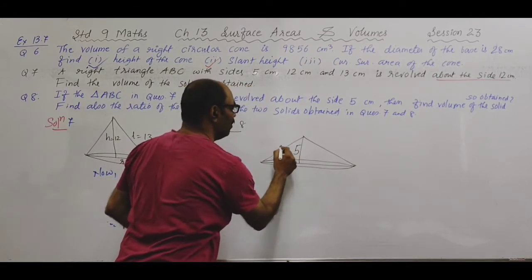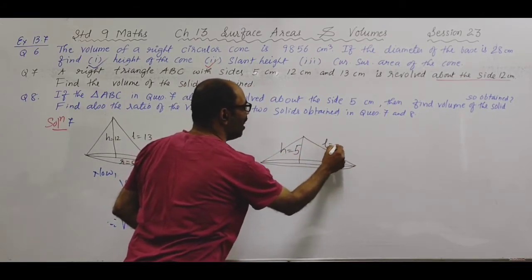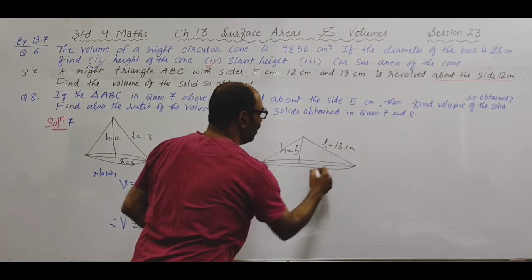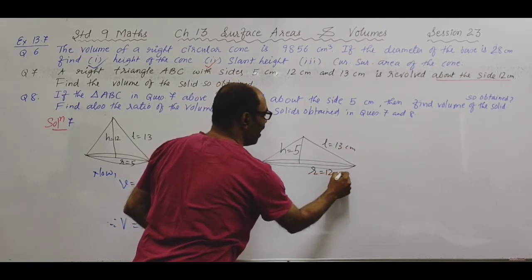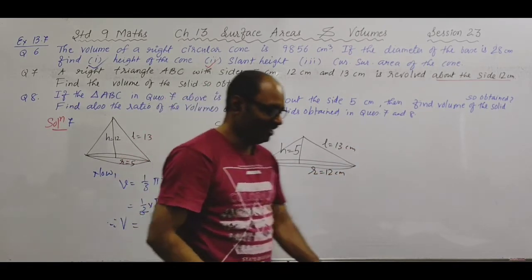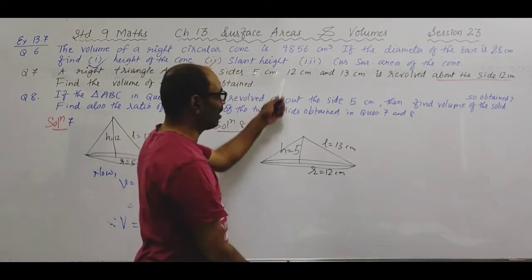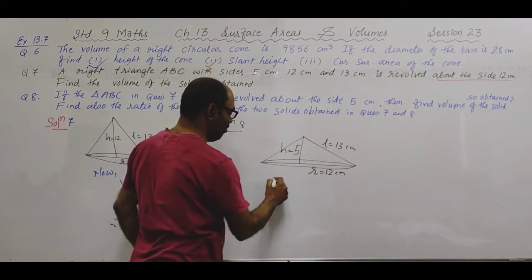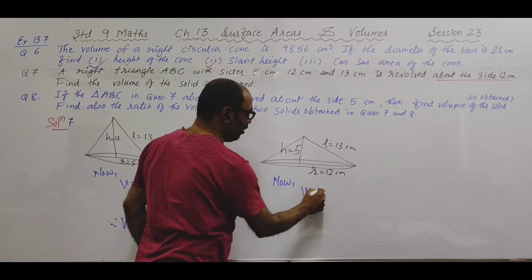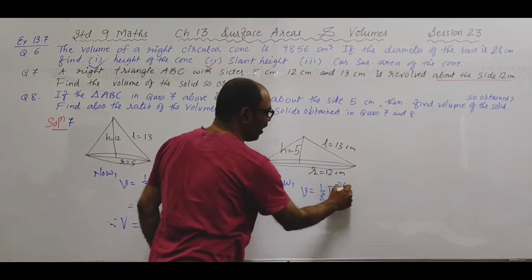This is 5, which is height. This is l, and that is 13 centimeter, and this is radius, which is 12 centimeter. Is that clear? Let's find out what the volume is. We need to find its volume too. Now volume is equal to 1/3 pi r square.